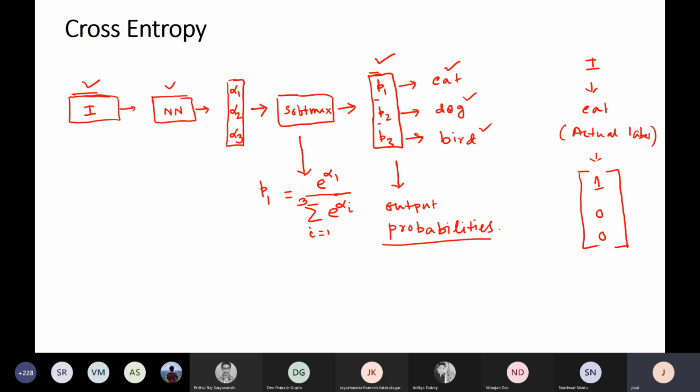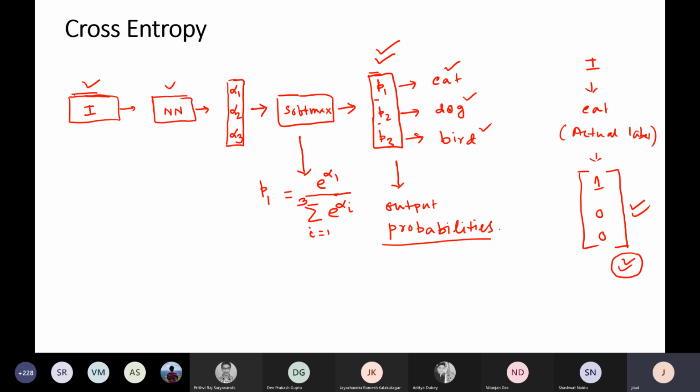If it is dog, the corresponding vector will be 0, 1, 0. Or if it is bird, it will be 0, 0, 1. In this case, because my actual label is cat, I match it with the output given by the network. So this is the gold standard encoding, and this other one is the predicted encoding given by my network.